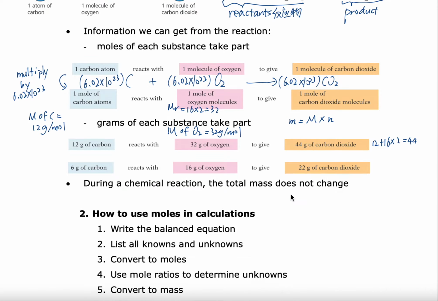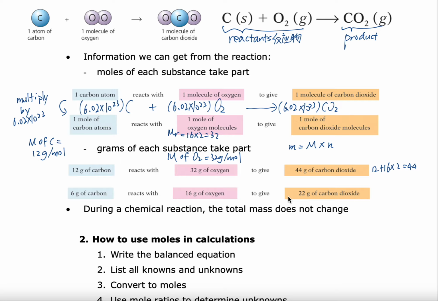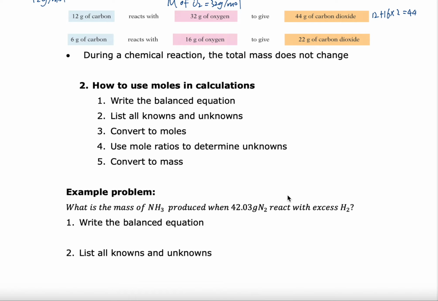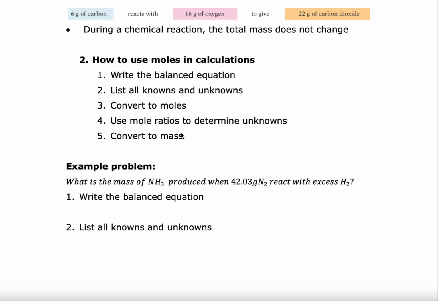Okay, so how can we put that into all sorts of questions? Here are the standardized steps. When we do calculations, I strongly suggest you to convert everything into moles, and then you can use your molar ratio to determine the unknowns.